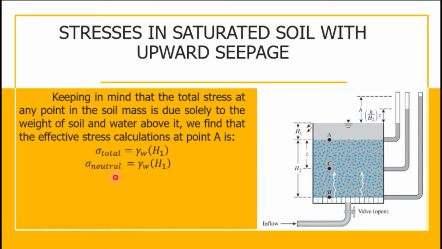And the neutral stress is also the unit weight of water multiplied by H sub 1 because there is no soil in here. The total stress will just be due to water, and the neutral stress will definitely be due to water. And then the effective stress is the total stress minus the neutral stress. Definitely, if we subtract the two values, it will give us 0. So the effective stress at this point is 0.